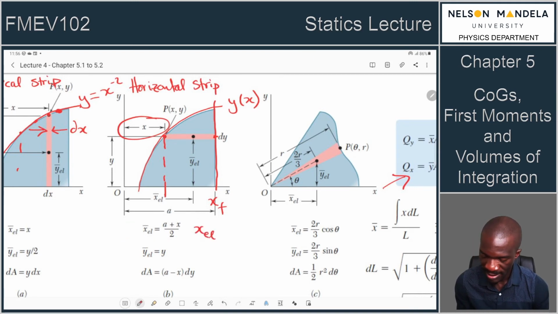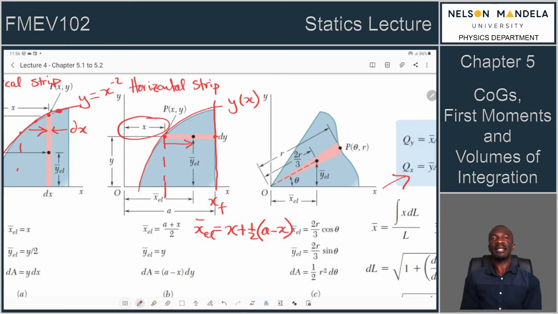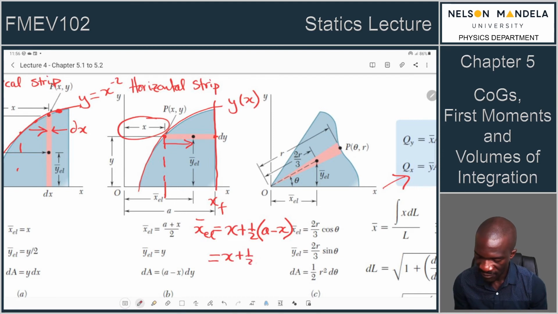Our x element, x bar element, is equal to x, which is this position, plus half of, we would need what? X final minus x, so good, we actually have an a. So it's half of a minus x. So here we have an x plus half of a minus half of x.